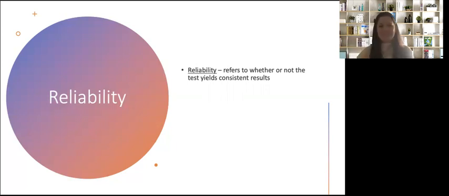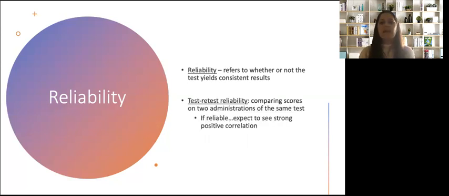Okay. The reliability of a test refers to whether or not the test yields consistent results across multiple takings of that test. Do individuals score the same each time they take the test, or at least very close to their score every time? This can be measured by comparing scores from two administrations of the same test.